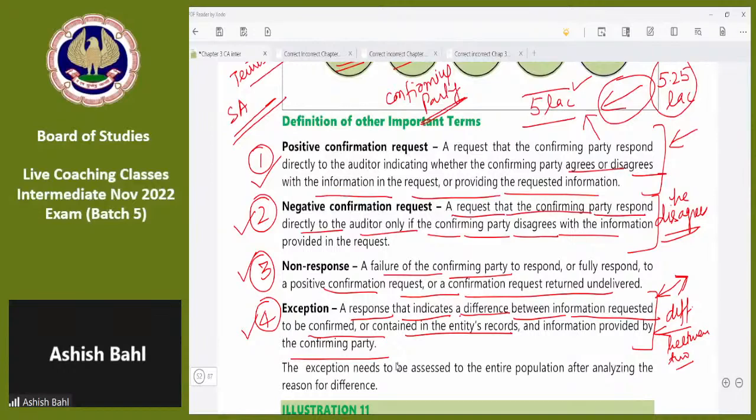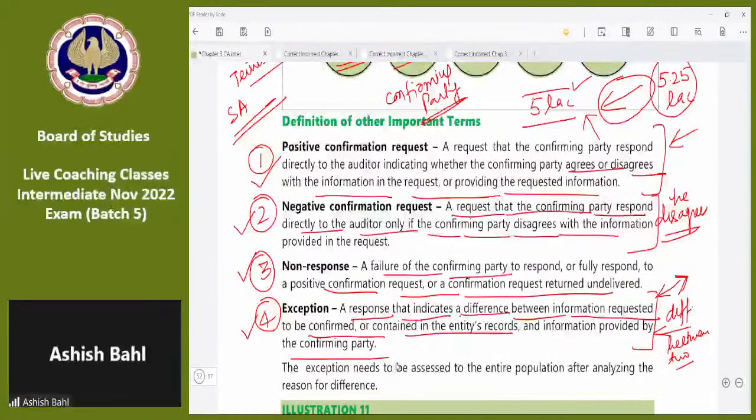Positive confirmation request means that the auditor is designing his request in such a way that the confirming party agrees or disagrees with the requested information. I request him, whether you agree or you disagree with it, please send your response. Is that clear?